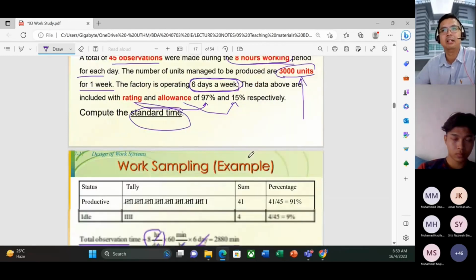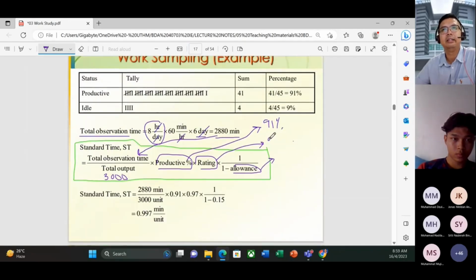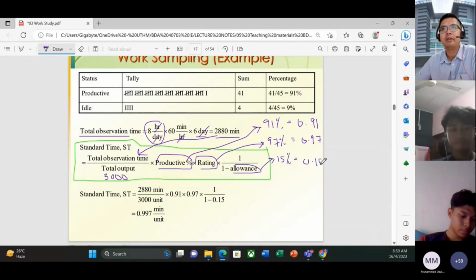Allowance is 15%. We want a unit, not a percent, so we divide by 100. So we get 0.91, 0.97, and 0.15. Okay, is it clear?